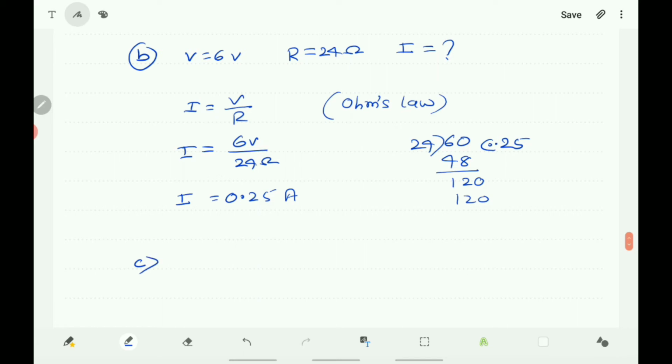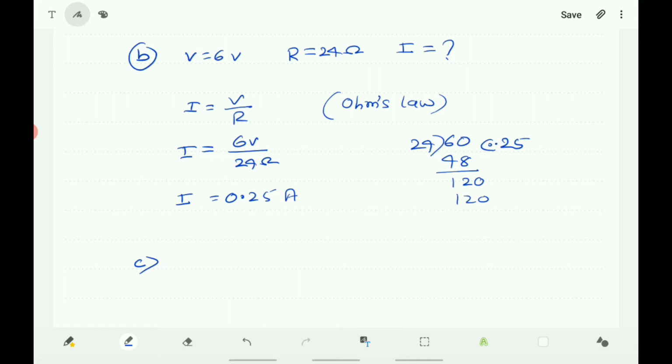Next, C. What is that C? The potential difference across the electric lamp and conductor. Here we know the total potential difference across the two terminals of the battery, and question C is to find the potential difference across the electric lamp and also the potential difference across the conductor.